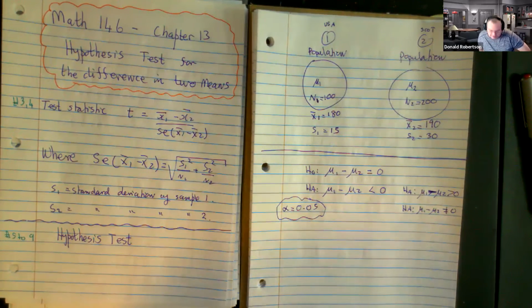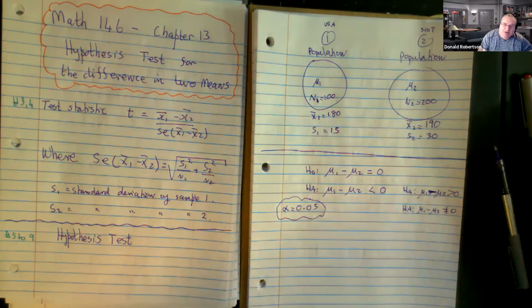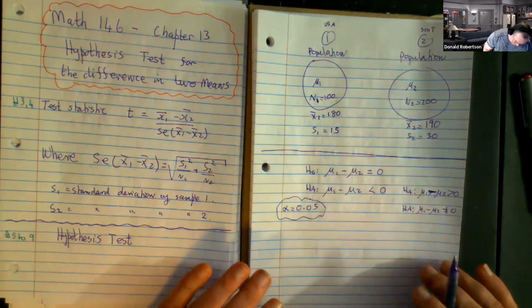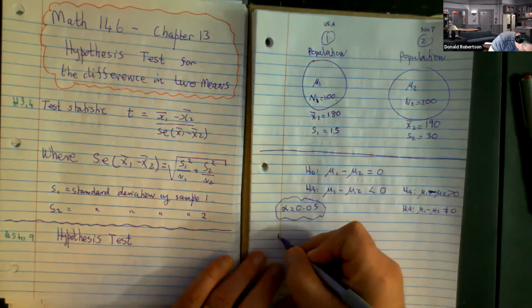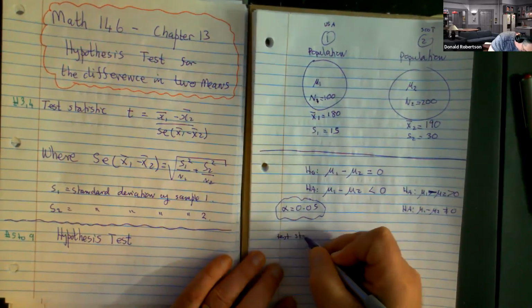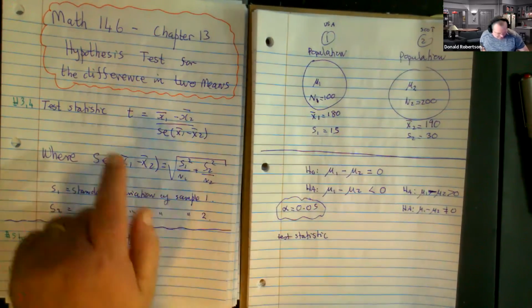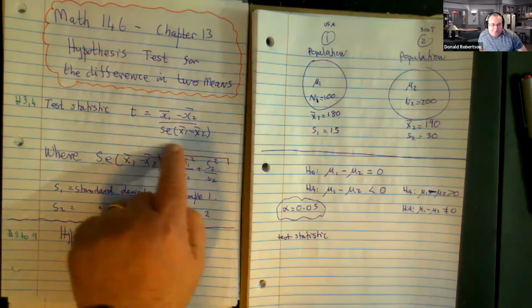Now, there is a little bit we can do by hand, but most of what we're going to do is going to be done using SOLE. But I can do a little. There is a test statistic that we can find. It's this guy.